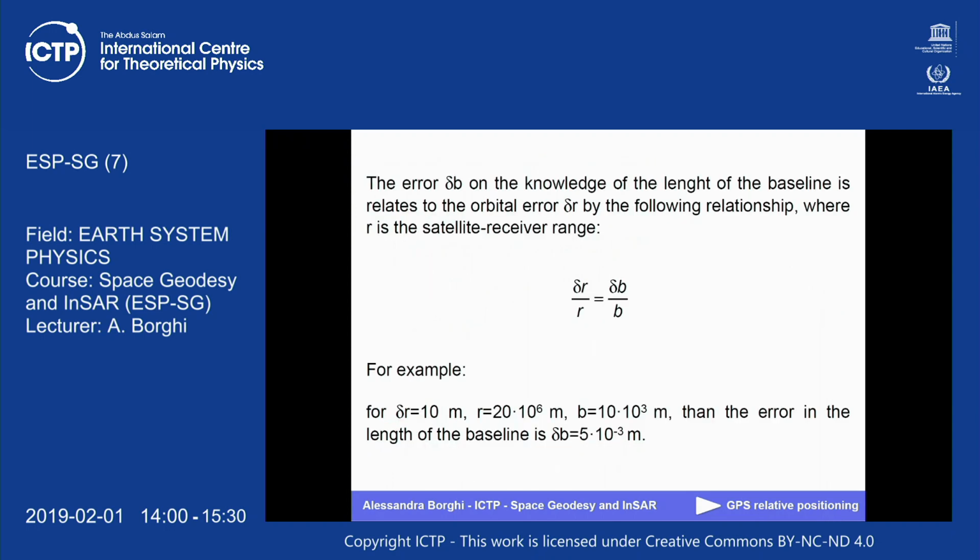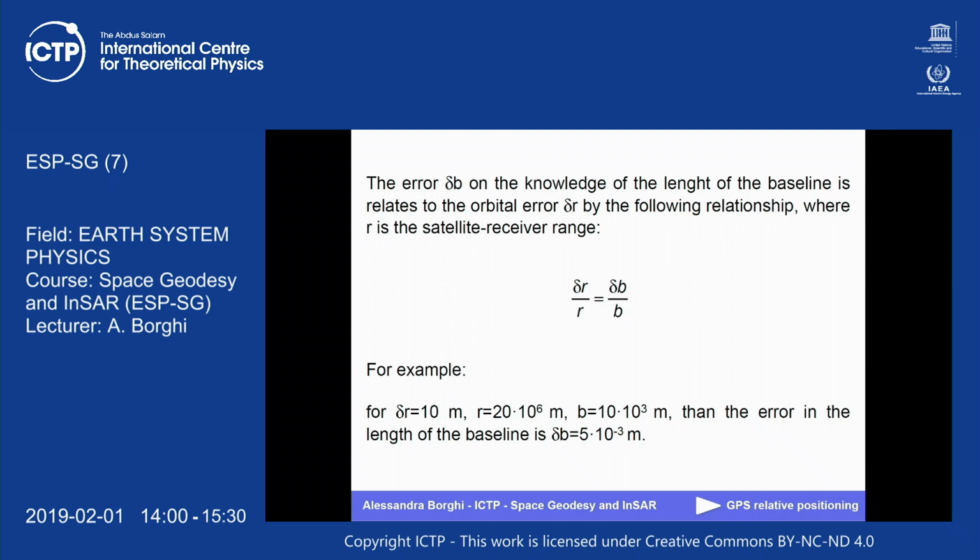This is an old remark. The error in the knowledge of the length of the baseline is correlated to the error in the distance between receiver and satellite. This is the relationship. So with a shorter baseline, we have also a smaller error in the position due to the position of the satellite.